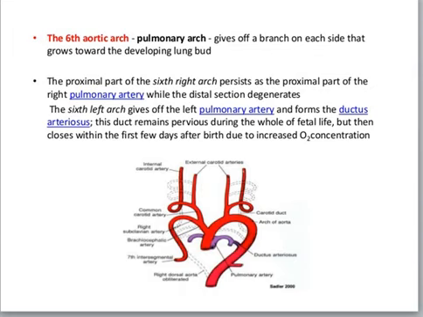The sixth left arch gives off the left pulmonary artery and forms the ductus arteriosus. This duct remains patent during the whole of fetal life, but then closes within the first few days after birth due to increased oxygen concentration.